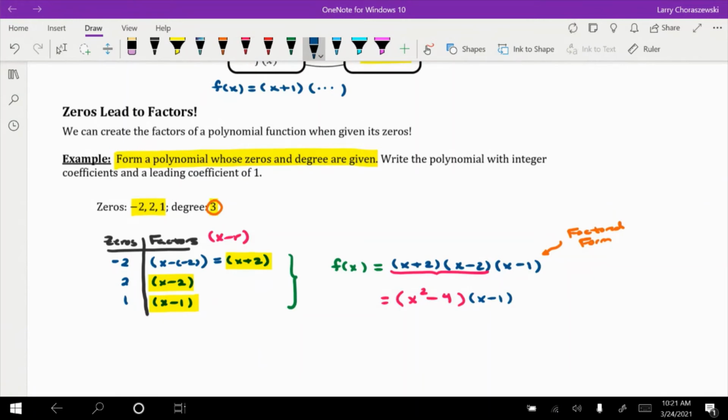Okay. Let's keep this gravy train rolling. We'll now FOIL x squared minus 4 with x minus 1. Okay, let me have you work on that and make sure that you simplify and put it in standard form. And once that's taken care of, you should have your final answer. So I'll give you a moment to FOIL this out, and then we'll see how we did.